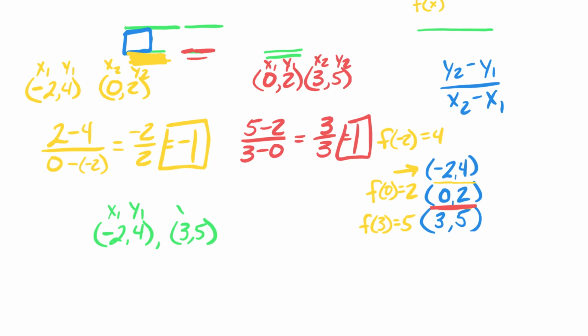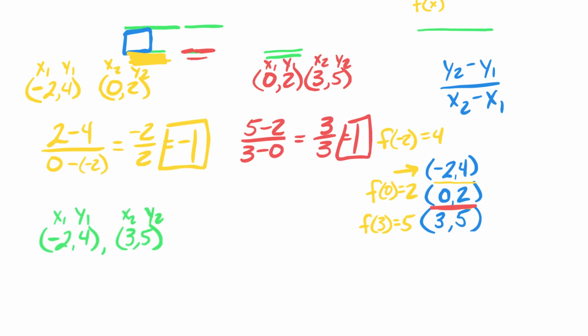X1, Y1, X2, Y2. Now, if you make the larger x value x2, you'll never have a negative denominator. If that kind of thing interests you, go ahead and pay attention to that. If it's no different to you, then don't worry about it.